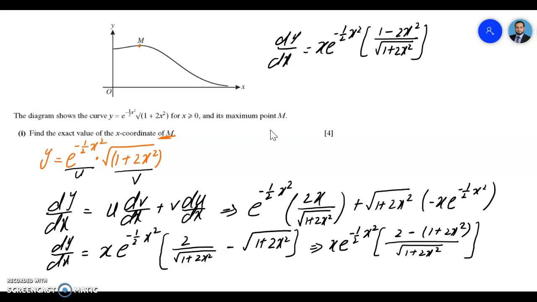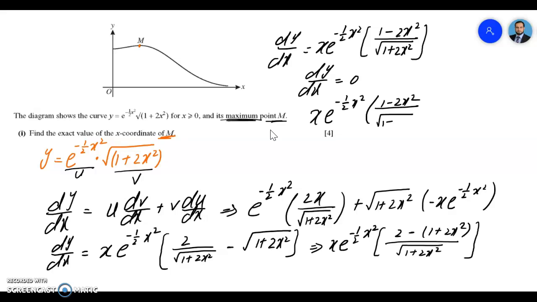Now we have already found the first derivative, and since we know it's a maximum point, to find the value of that maximum point M, we need to set the first derivative equal to 0. Once we set the first derivative equal to 0, x e to the power of negative half x squared times 1 minus 2x squared over the square root of 1 plus 2x squared is equal to 0.